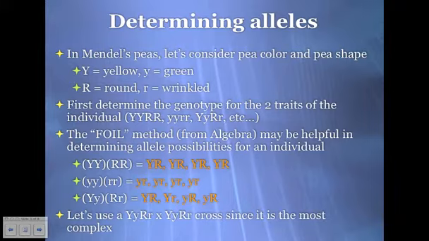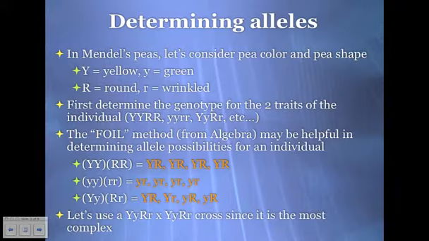In order to determine the gametes that are possible for an individual, you have to know the individual's genotype. There are going to be two sets of letters since this is a dihybrid cross. The first set of letters represents the first trait, and the second set of letters represents the second trait.